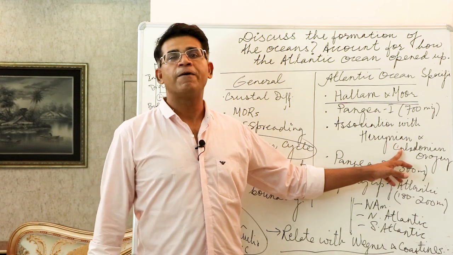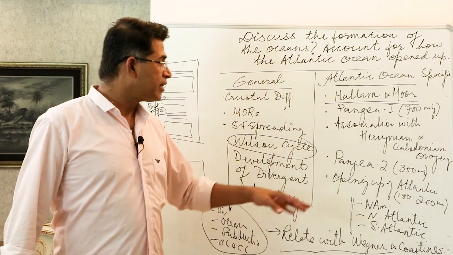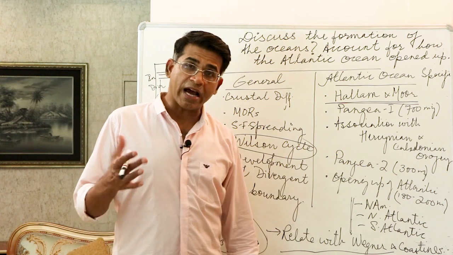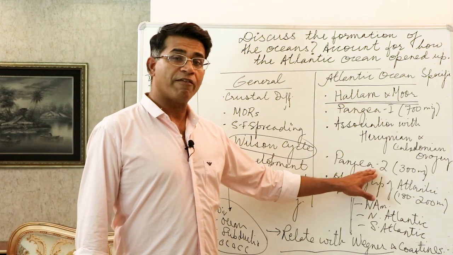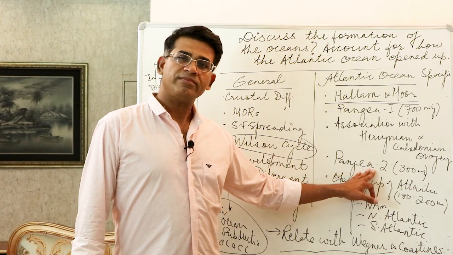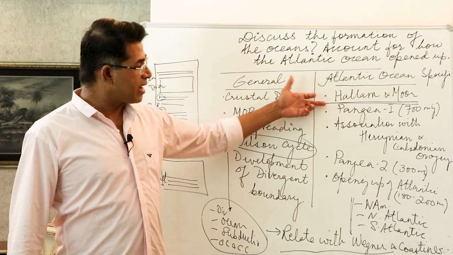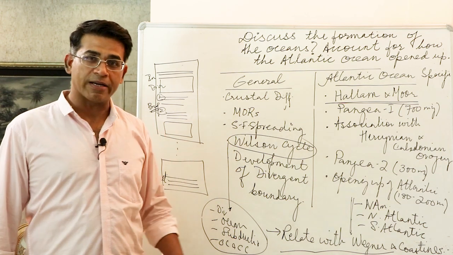Then we have the next supercontinent, Pangaea 2, around the Carboniferous-Permian times. This is the one that Wegener talks about. So Pangaea 1 was the earlier supercontinent, and Pangaea 2 the later supercontinent.